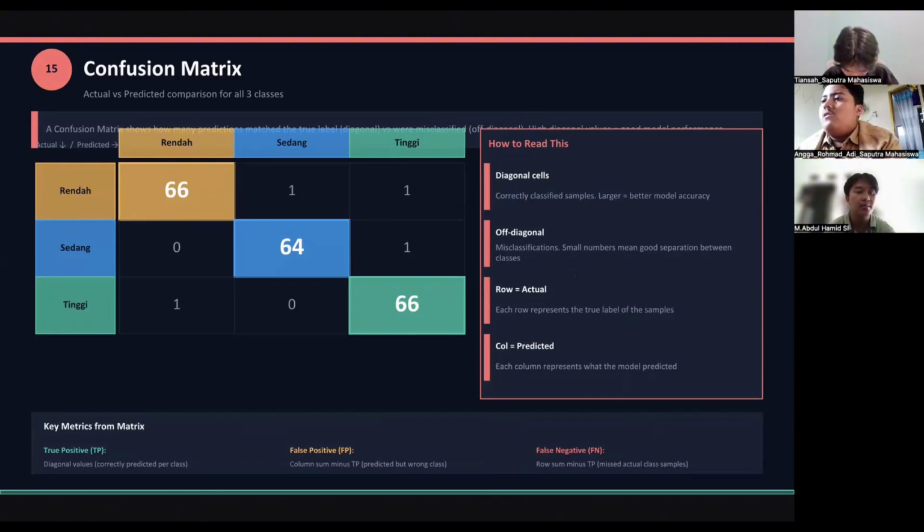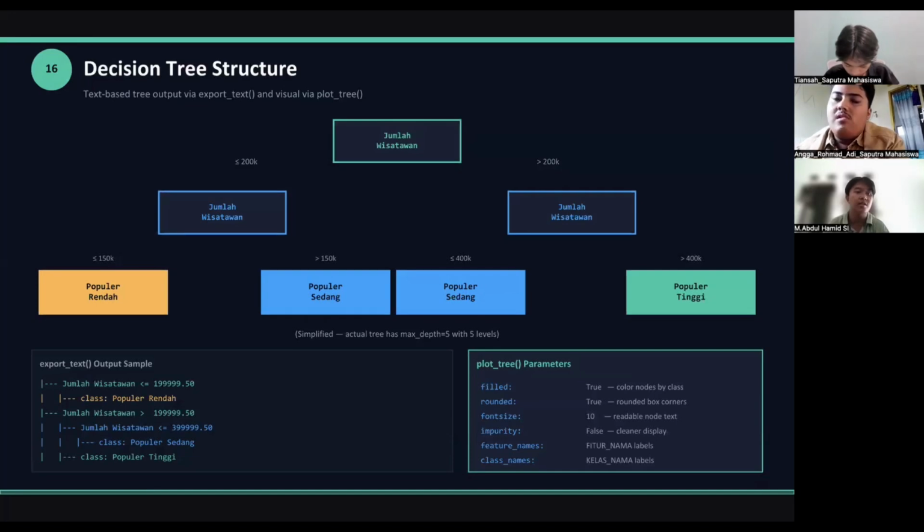Okay, the next slide. The decision tree structure. This slide shows the structure of the decision tree. The most important feature is the number of tourists.